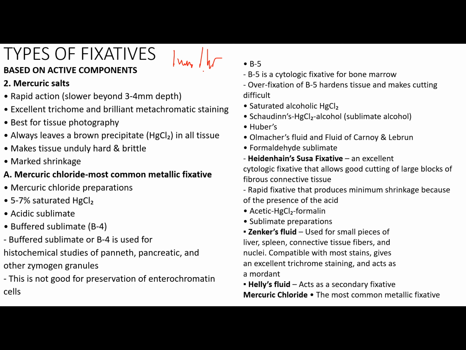Then we have your Zenker's fluid, used for small pieces of liver, spleen, connective tissue fibers, and nuclei. Compatible with most stains, gives an excellent trichrome staining, and acts as a mordant. Then we have your Helly's fluid, which would also act as a secondary fixative. Now, mercuric chloride class is the most common metallic fixative.